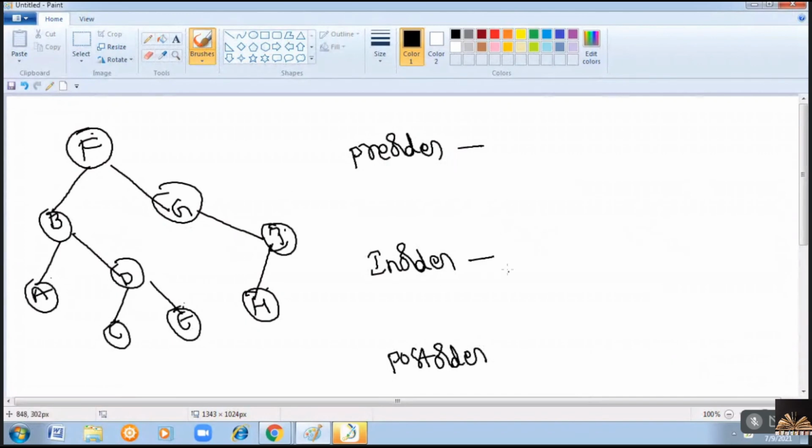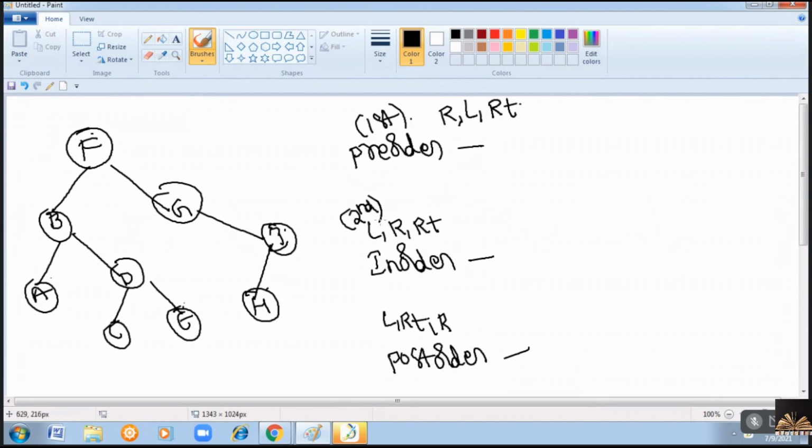So pre-order means root, left, right. In order means left, root, right. Post order means left, right, and root. Clear? One more easy way to identify these traversals: pre-order is the first visit of a vertex, in order is the second visit of a vertex, post order is the third visit of a vertex. Right?